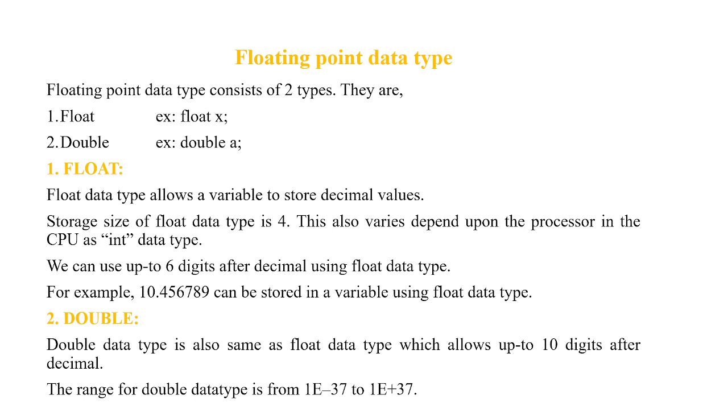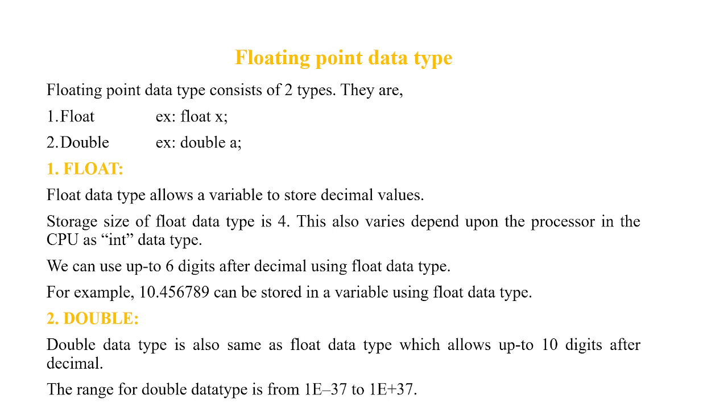So float is going to occupy 4 bytes of memory. And of course, it also varies depending upon the processor that we use in the CPU, as we said about the int data type. The float is going to allow 6 digits after the decimal point, whereas double is going to allow 10 digits after the decimal point.